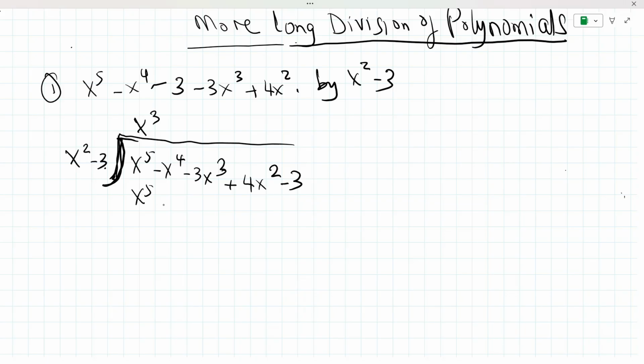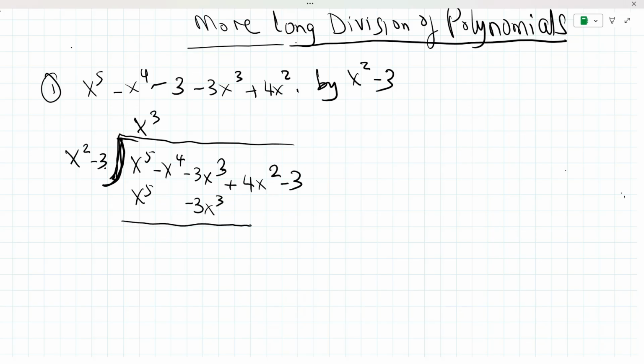And then we move on to x cubed times 3, which will give us minus 3x cubed.